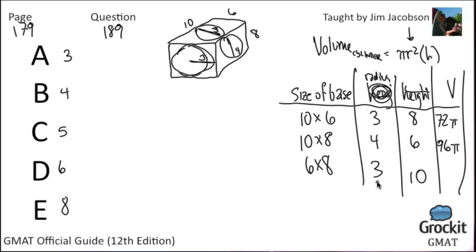And then this one is 3 squared. Wait, did I do this right? Yeah. 9 times 10 gives us 90 pi for the volume of that one. The one with the highest volume is the 10 by 8, and the question is, what is the radius of that one?